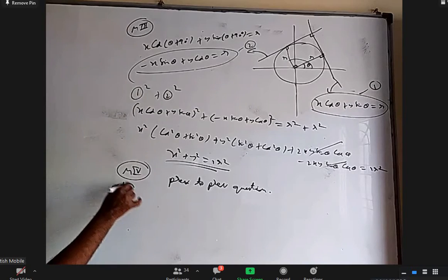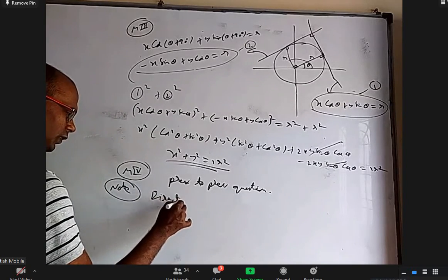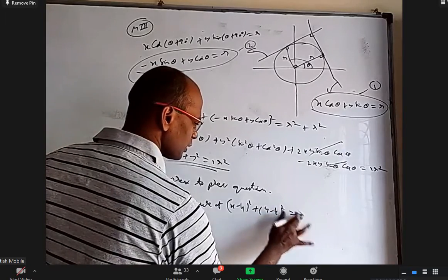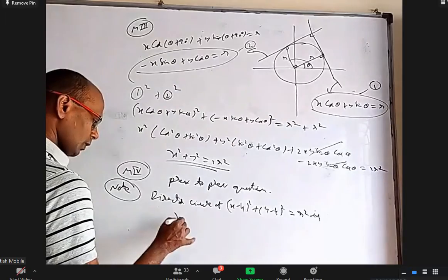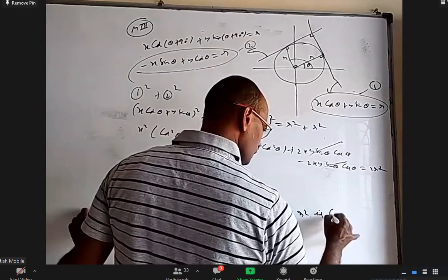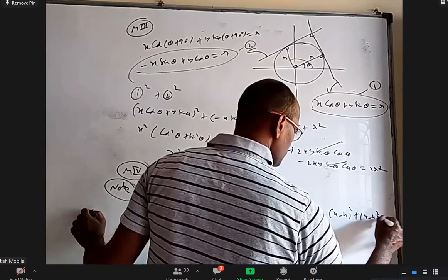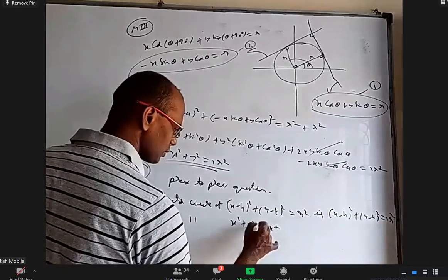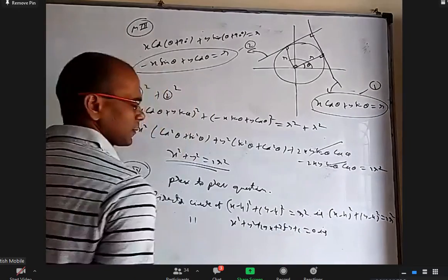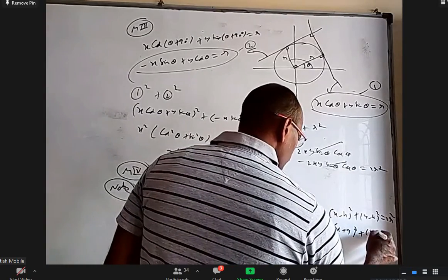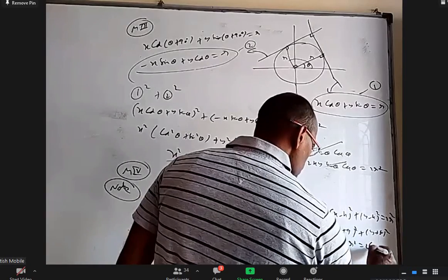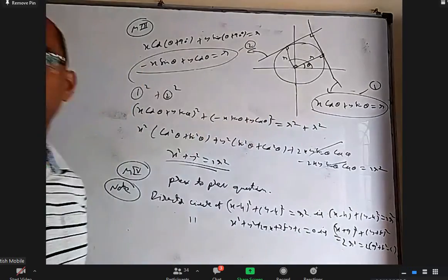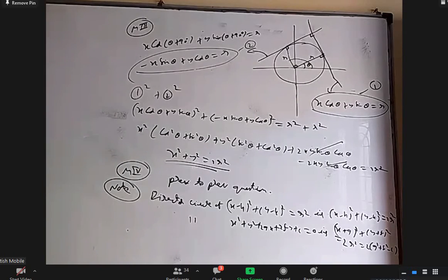Okay, I would write two more things. Note: the director circle of (x − h)² + (y − k)² = r² is (x − h)² + (y − k)² = 2r². And the director circle of x² + y² + 2gx + 2fy + c = 0 is (x + g)² + (y + f)² = 2r², where r² is g² + f² − c.